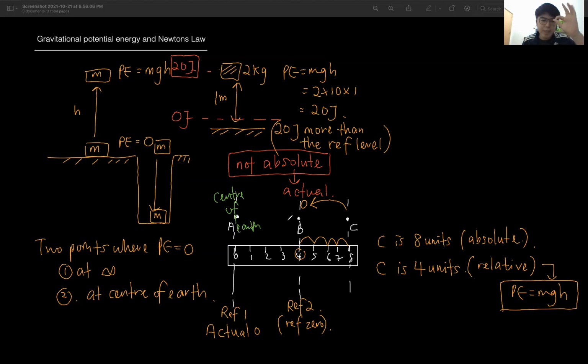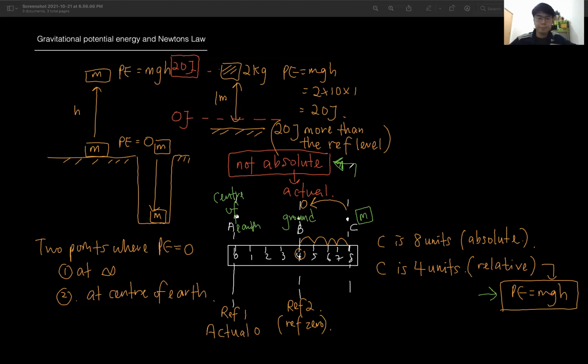Point B is like the ground. And point C is our mass M, our object. This 20 joule over here is from the ground. So any measurement I make is relative to the ground. Is it the actual value? It is not the actual value. So PE equals mgh does not measure the absolute value. It is a relative value.